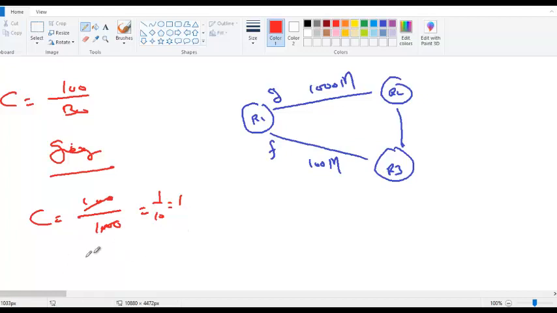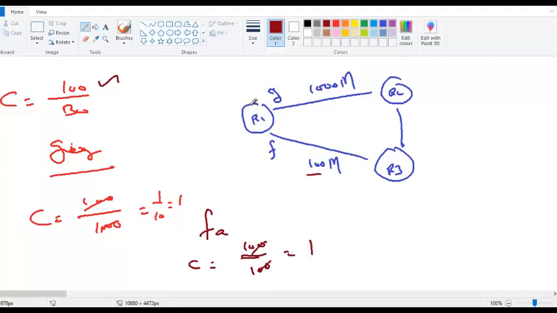And for Fast Ethernet, cost is equal to 100 by 100 is the formula, the numerator, the reference bandwidth, divided by the actual bandwidth. That is also 1.